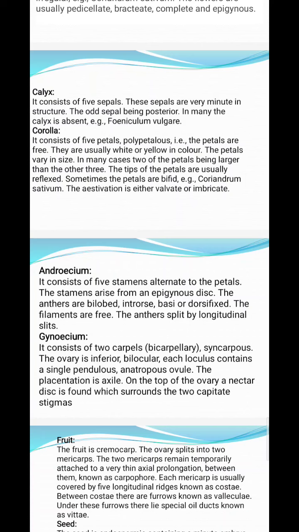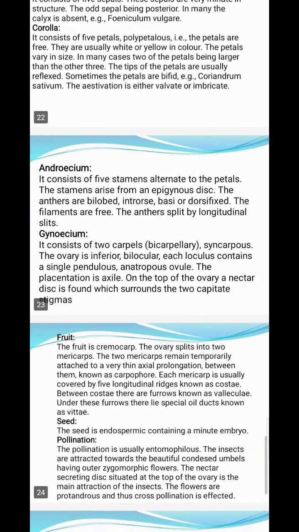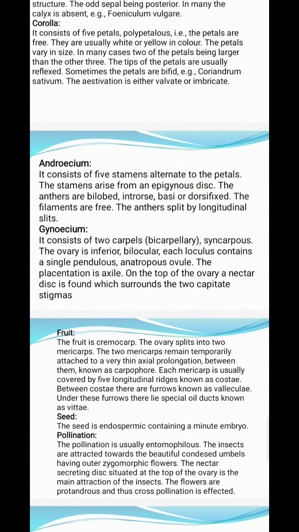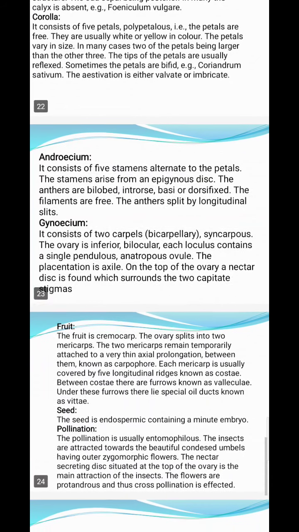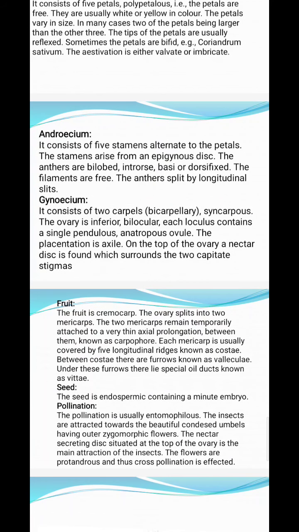The aestivation is either valvate or imbricate, and in case of androecium, these consist of 5 stamens, and these are alternate with the petals. Stamens arise from the epigynous disc.